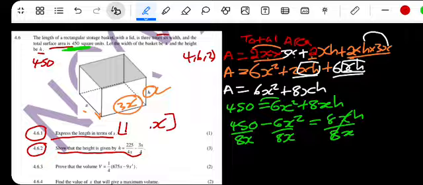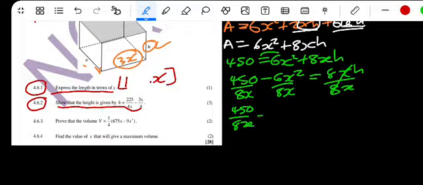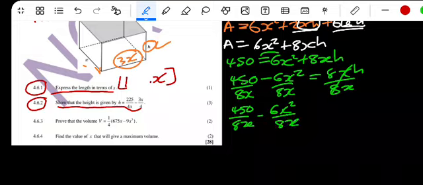So you'll have 450 over 8x minus 6x squared over 8x. This must be equal to, we have cancelled that, we're left with h.